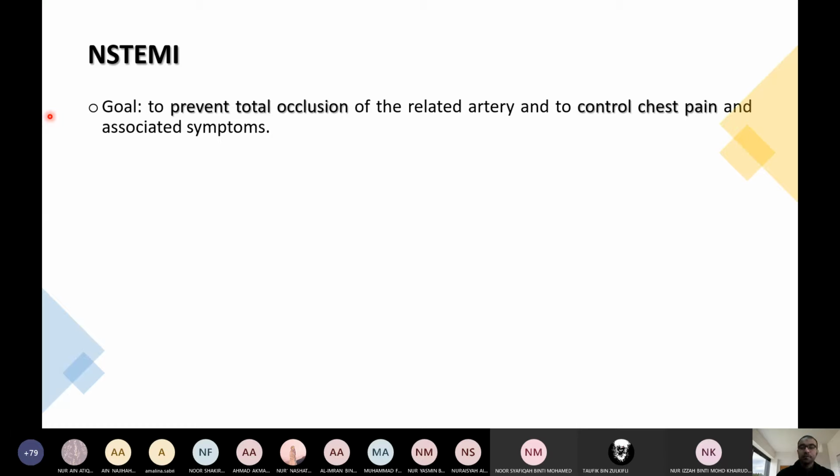What about the non-STEMI? Of course, the goal is to prevent total occlusion, because in non-STEMI we have a partial occlusion as we highlighted. So we want to prevent progression to total occlusion, and of course we want to control the chest pain.